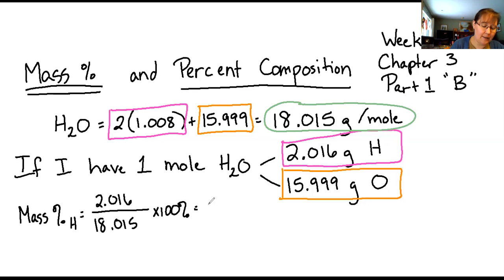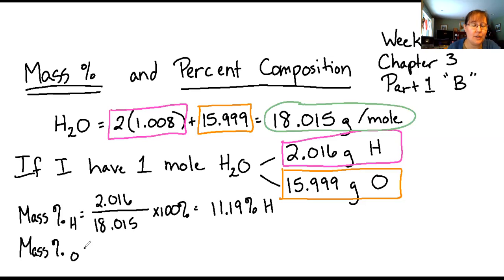I usually change that to a percent in my head, but you can multiply it by 100 if you need to on your calculator. And we can have 4 significant figures, which means that we have 11.19% hydrogen.